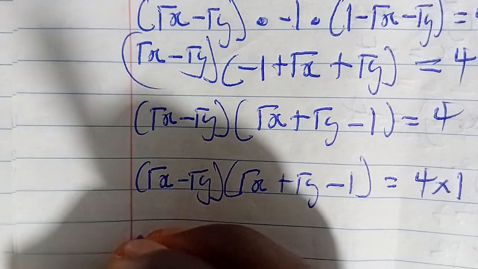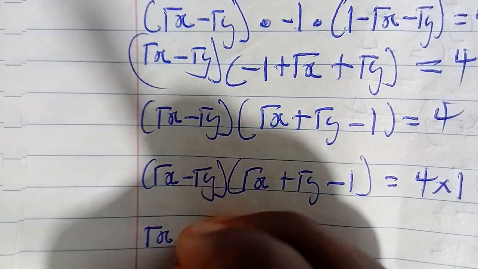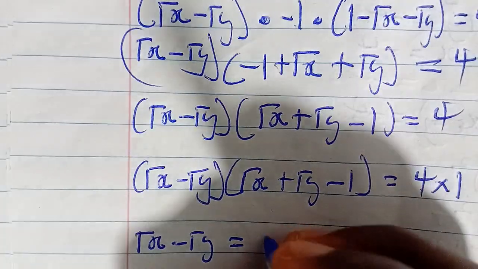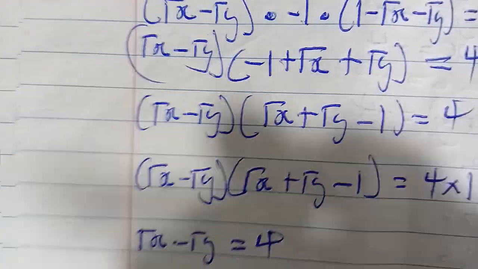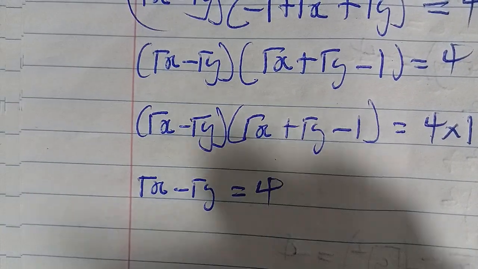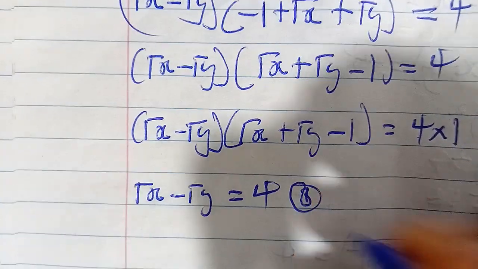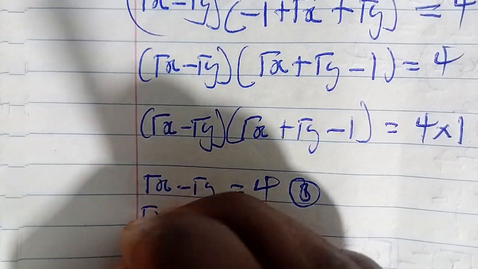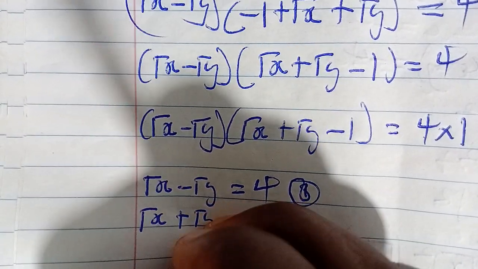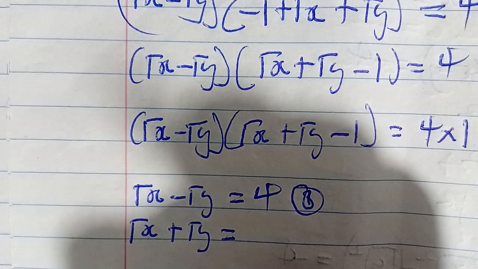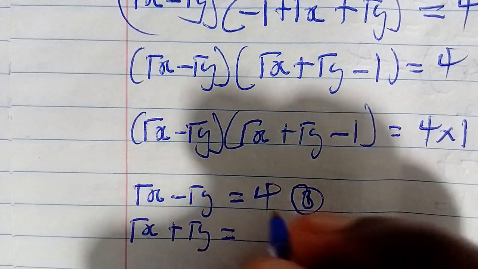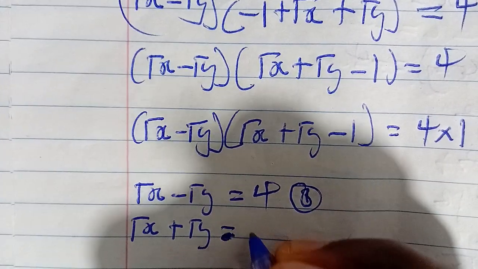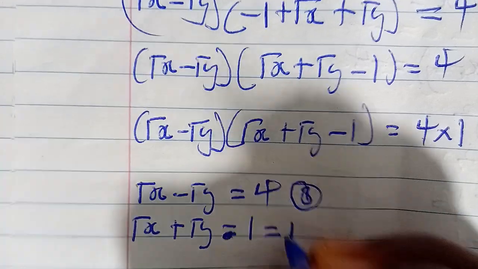So we can say root x minus root y is equal to 4. Let's call this equation 3, and then root x plus root y minus 1 is equal to 1.